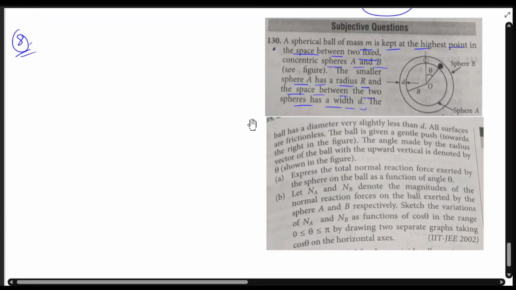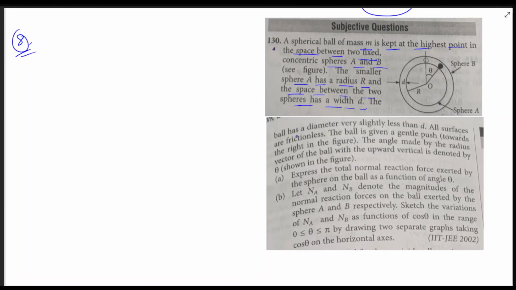Right. So what else is given? The ball has a diameter very slightly less than d. Okay, so as soon as it leave the contact from the base, it will come in the contact with the sphere B. Okay, all the spheres are frictionless. The ball is given a gentle push.